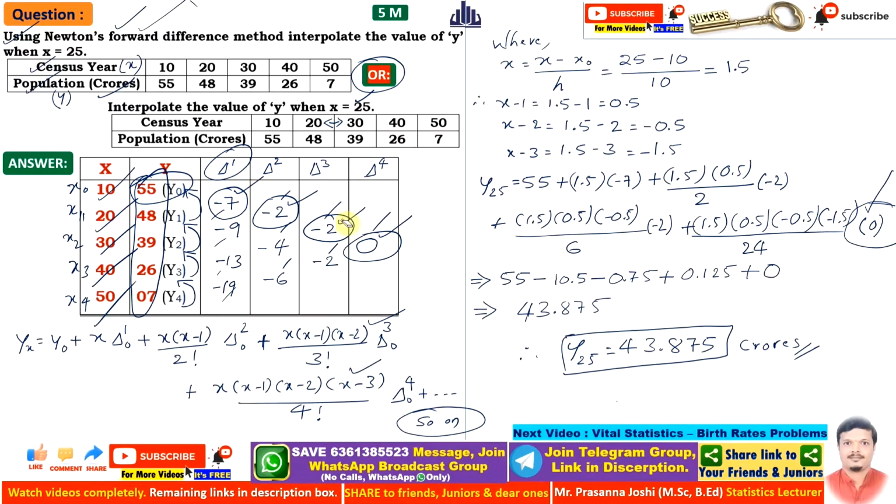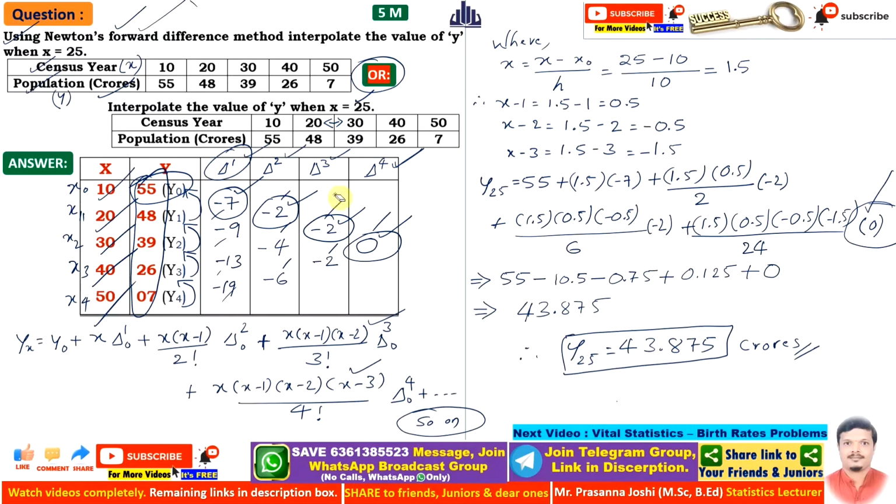Till when one value we get, till there we continue taking these forward differences. So wherever one value comes, there we have to stop taking the forward differences, because further there is no value here to take difference. Correct.